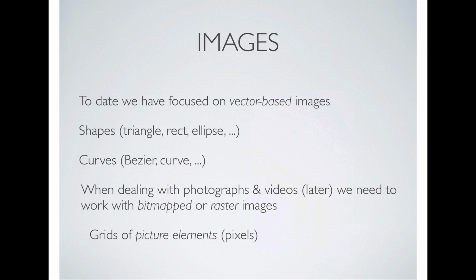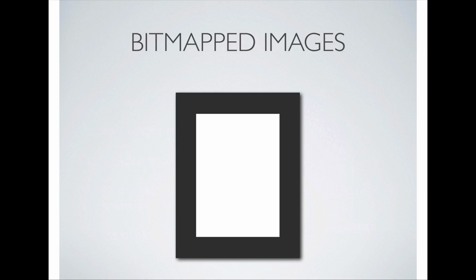However, when we're dealing with things like photographs or videos, we don't draw a photograph line by line. We have a bitmap, a grid of values that have been measured from the environment with a lens and a camera. So it's a grid of picture elements or pixels.